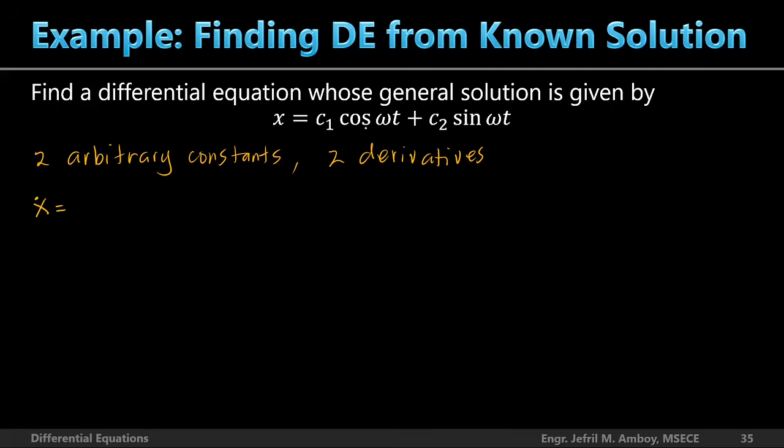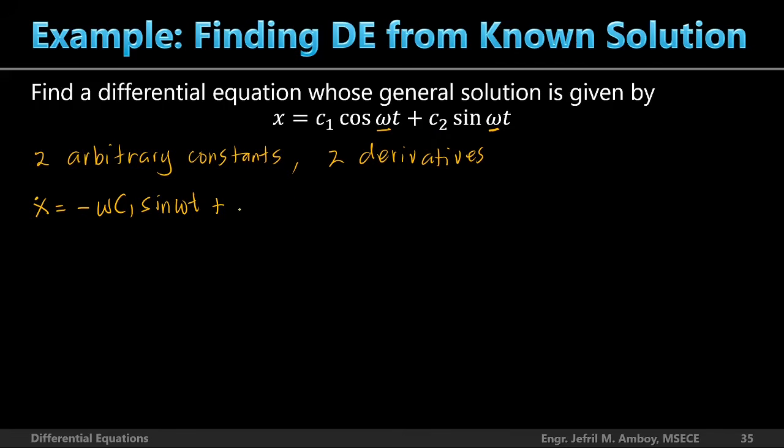So, what is the derivative of this term? Our cosine term here has a multiplier. This multiplier omega will be the multiplier of c1 when I differentiate. And the derivative of cosine, of course, is negative sine. So, I will get negative omega c1 sine omega t plus, again, in this term, the constant omega will just be a multiplier to c2 if I differentiate.